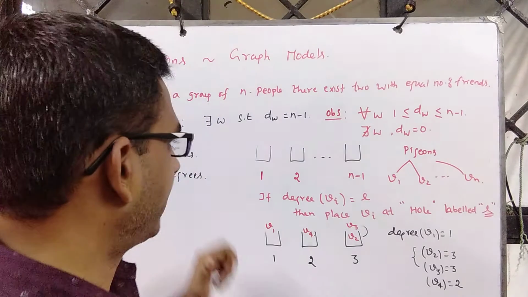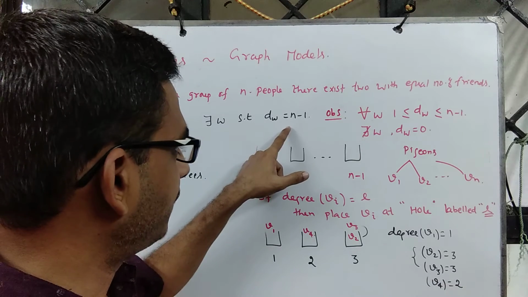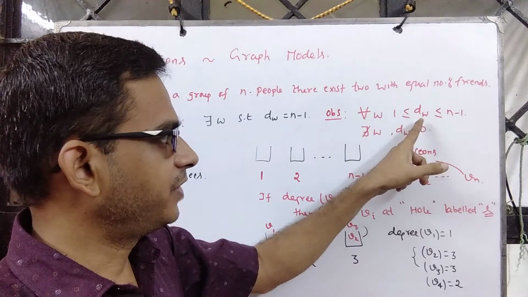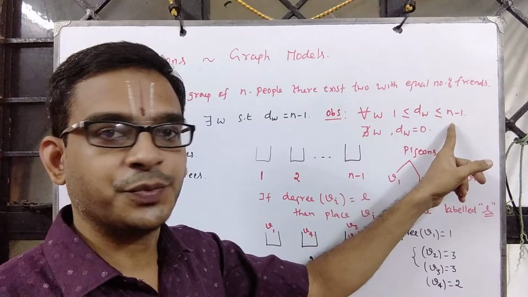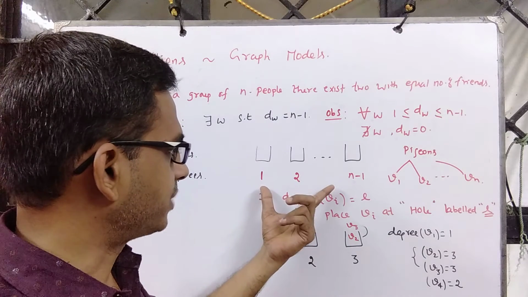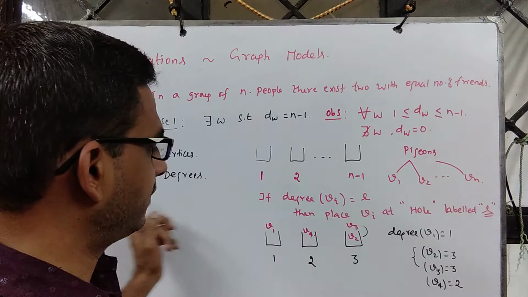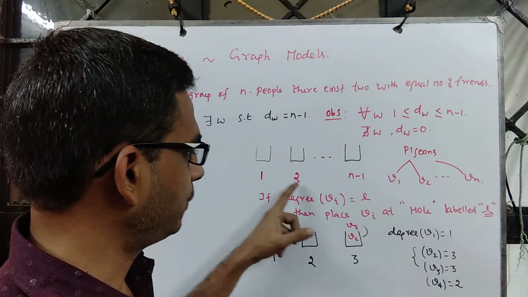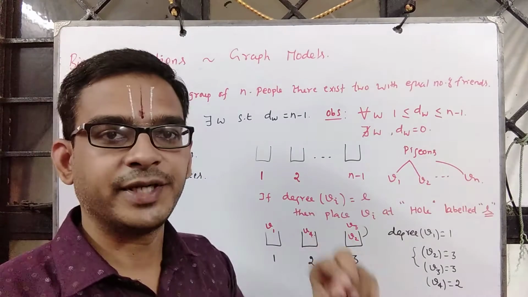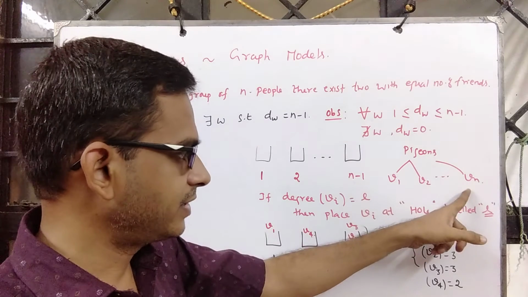Okay. I repeat, case 1, there exists W such that degree of W is n minus 1. Then for all W, degree is between 1 and n minus 1. And that being the case, here is a distribution. Pigeonholes represent degrees, which means the labels are 1, 2, so on up to n minus 1, as the range is from 1 to n minus 1. What are pigeons? Pigeons are basically vertices.